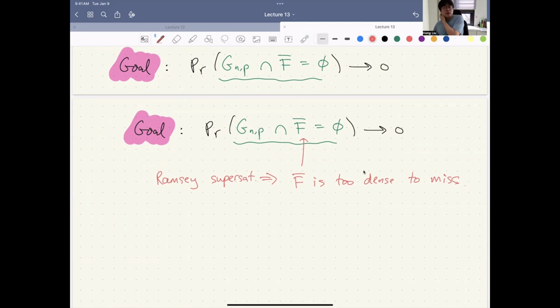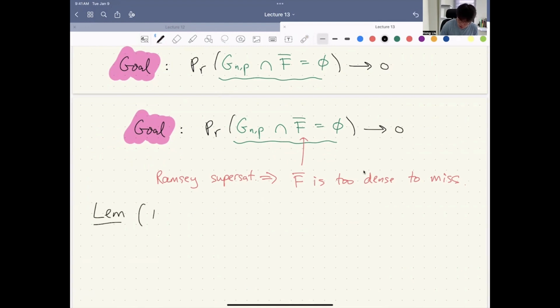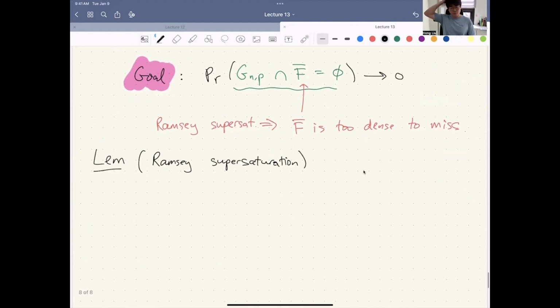F bar has a quadratic number of edges. So it's unlikely that GMP will have no intersection with a graph with quadratically many edges. So here's the Ramsey supersaturation. I'll call it a lemma.